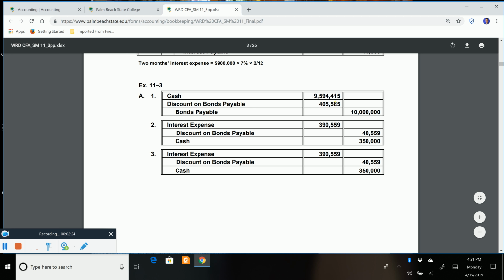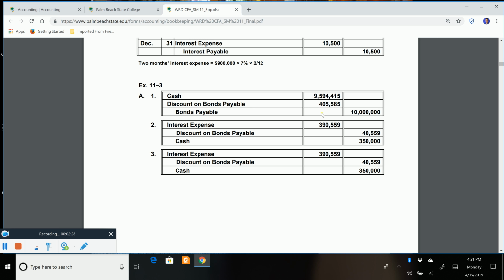The difference between the two is a discount on bonds payable. The discount is a contra bonds payable account. Basically, the discount is going to be netted with the bonds payable in the liability section on the balance sheet. And so that is the issuance of the bonds at a discount.